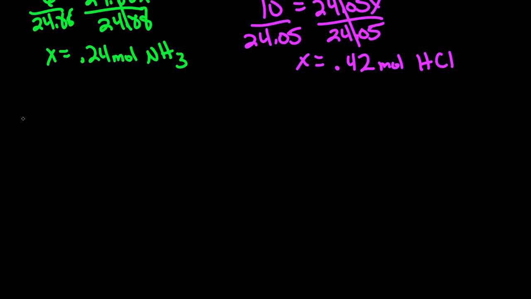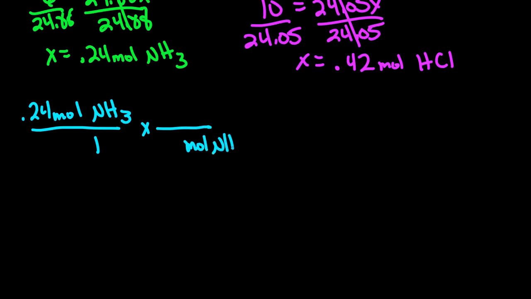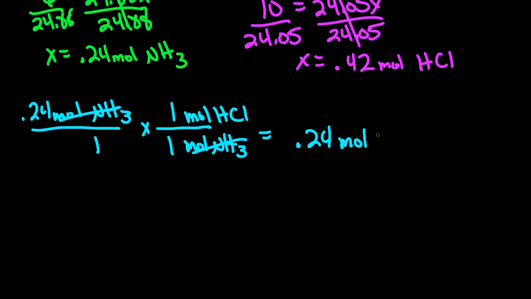So if I got 0.24 moles of ammonia, that over 1, I need to change it to moles of hydrogen chloride. So moles of NH3 go on bottom, moles of HCl go on top, and we said it's a 1-to-1 ratio. Moles of ammonia cancel out. 0.24 times 1 divided by 1 is 0.24 moles of HCl.